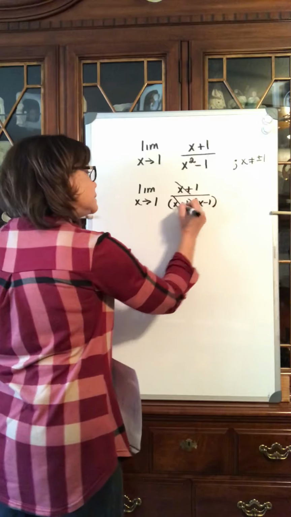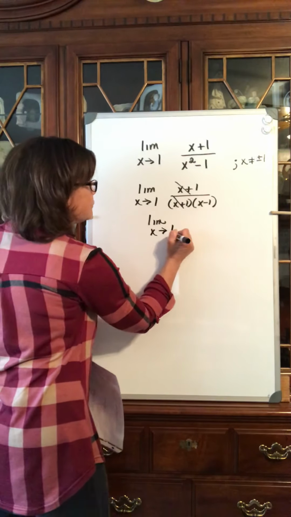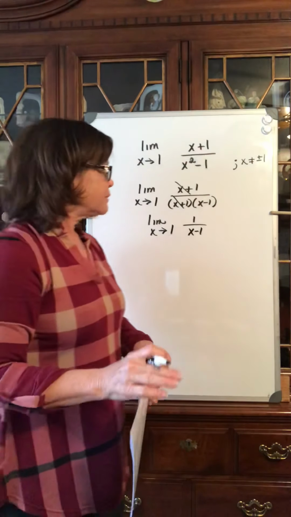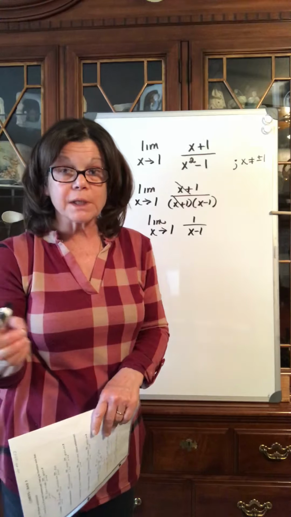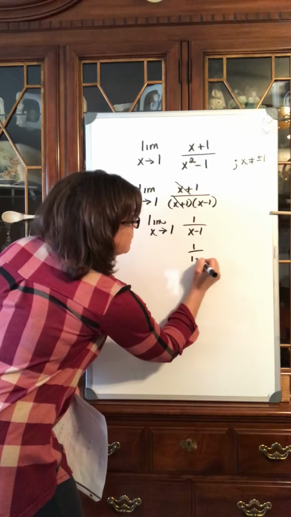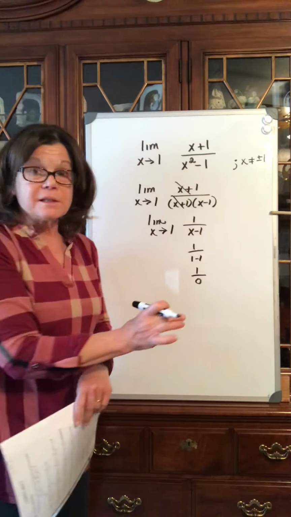These cancel. I'm trying to find the limit as x is approaching 1 of 1 over x minus 1. I'm done simplifying the function. If I go to direct substitution right now and drop out the limit notation, it will be 1 over 1 minus 1, 1 over 0. That's undefined.